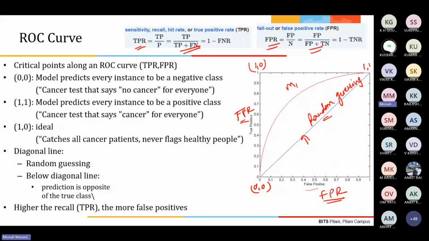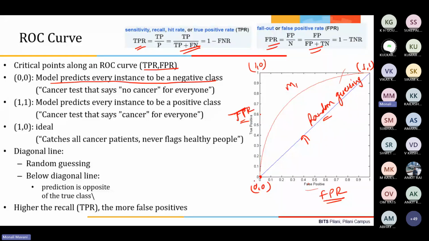What is the interpretation when your false positive rate is 0 and your true positive rate is 0? What do we mean by 0,0? TPR and FPR are 0,0. The model predicts every instance to be the negative class. So when you are here, false positive is 0 and true positive is also 0.